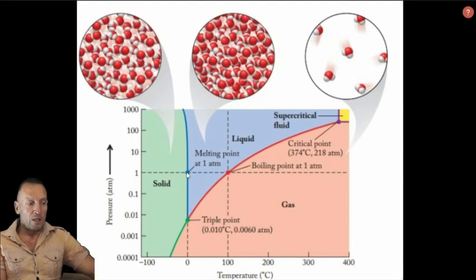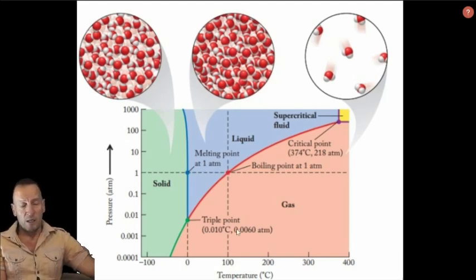And we all know that at 1 atmosphere, at 0 degrees, look at it, the water starts melting. In science, melting is called fusion. Then if we keep the atmospheric pressure at 1, but increase the temperature to 100 degrees, we're going to reach the boiling point.